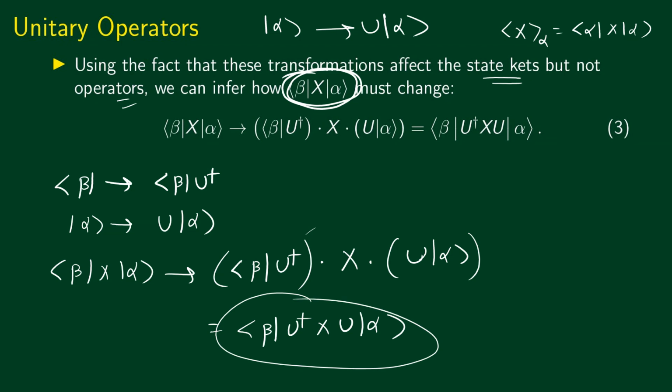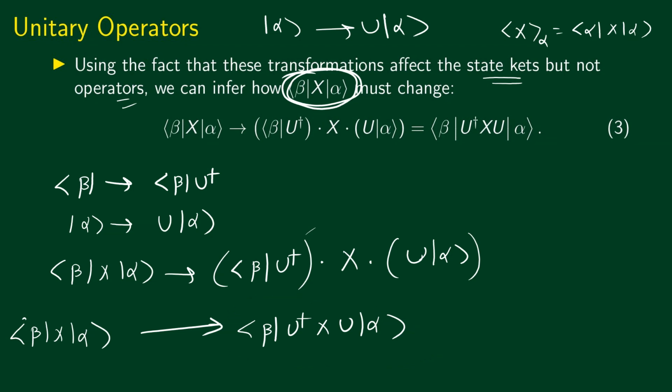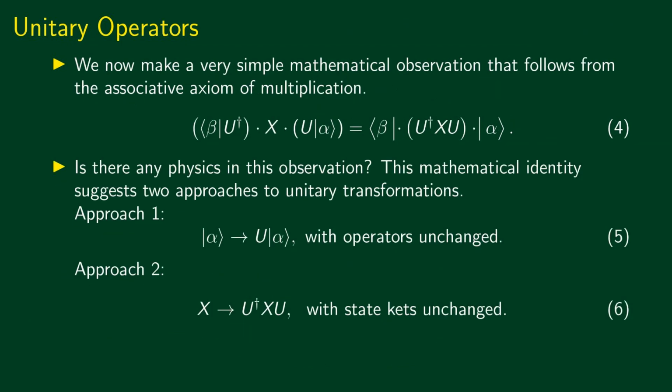So this is how inner products of the form bra beta X ket alpha change under a unitary transformation. Again using the associative axiom, an inner product of this form can also be written as bra beta dot U dagger X U dot ket alpha, because all these are legal multiplications.